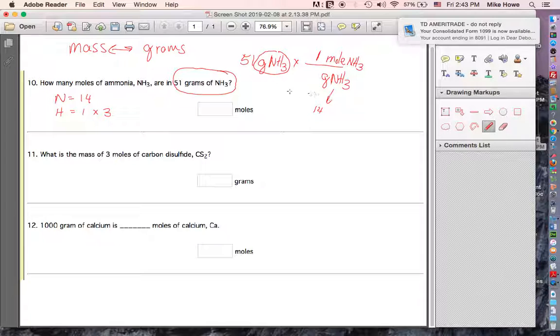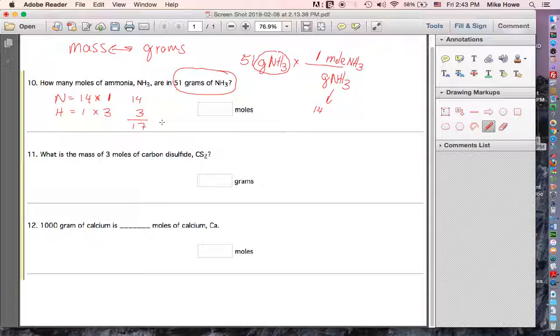See the 3 over here? And the nitrogen, when I multiply it by the number of nitrogen atoms, that's going to be 1. So I'll end up with 14 plus 3, and that gives me a total mass of 17. Excuse me. So up here where we have 1 mole, we know that's equivalent to 17 grams.